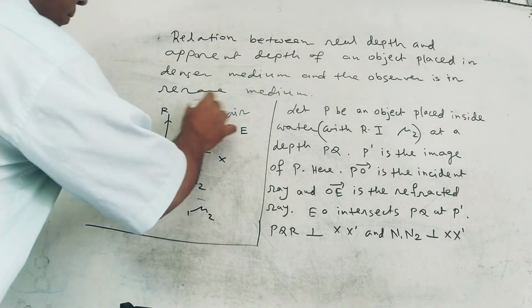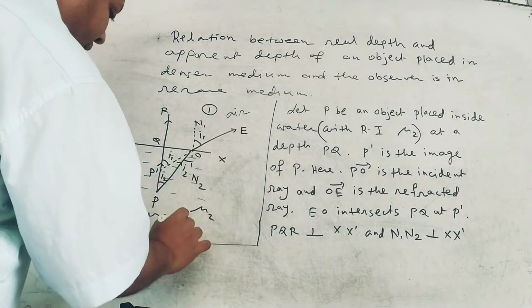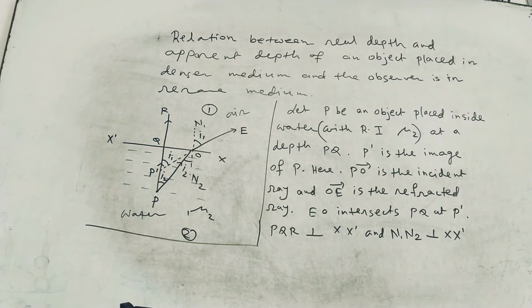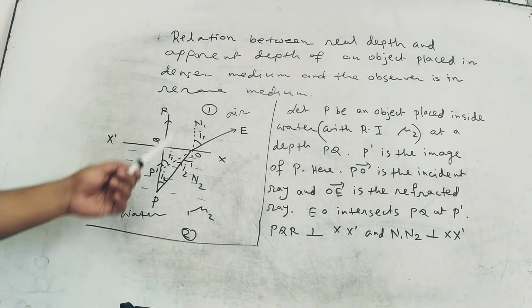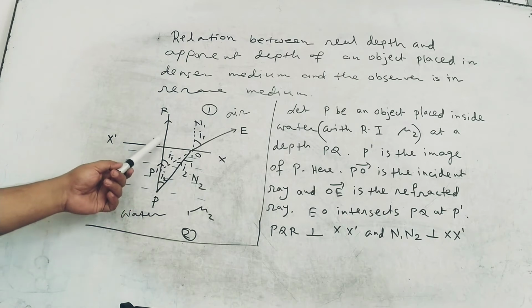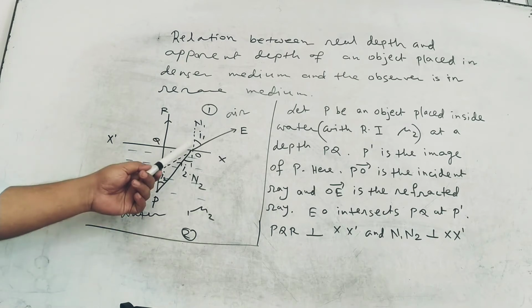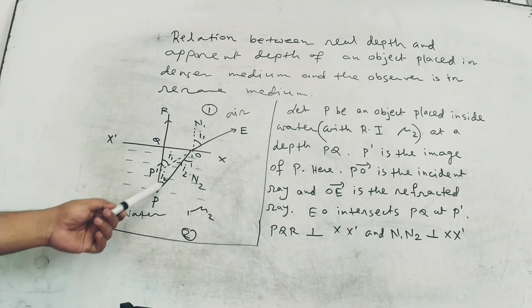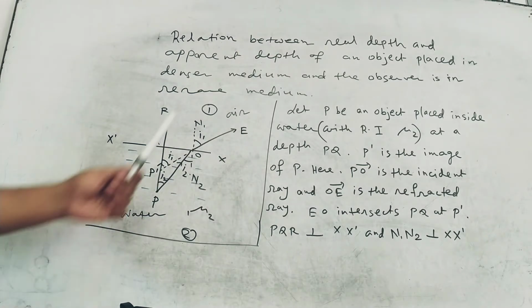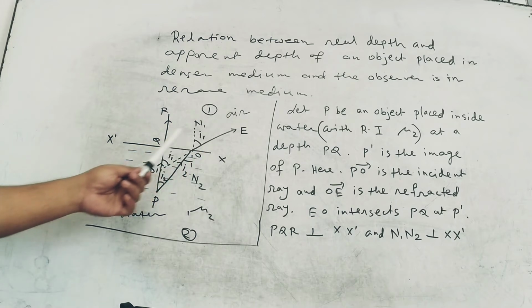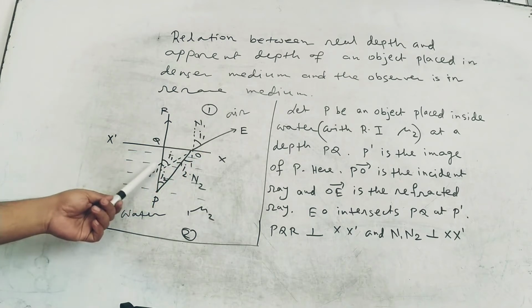This is the first medium and this is the second medium. Water is the second medium. Since N1 N2 is parallel to OR, angle QPO is equal to angle PON2, which is equal to I2, and angle N1OE is equal to angle QPO.